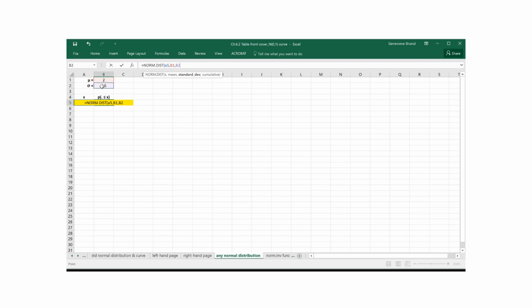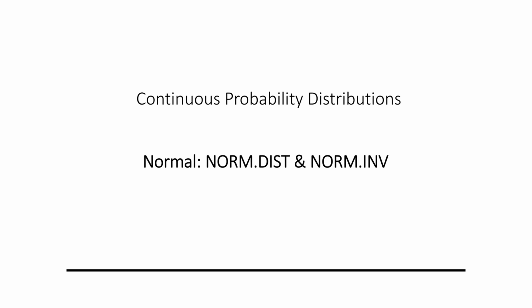Standard deviation in cell B2 equal to 0.5, and then we are looking at the cumulative distribution, so we want to set our last argument to true. This way we clearly get our 0.2090 probability value. We've used the norm.dist function in Excel. It's flexible enough that it can be used for any normal distribution, standard or not.